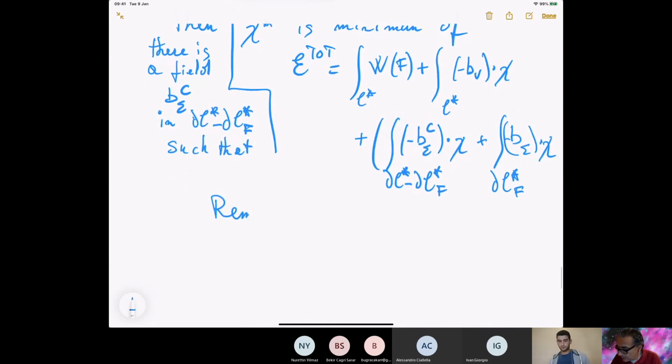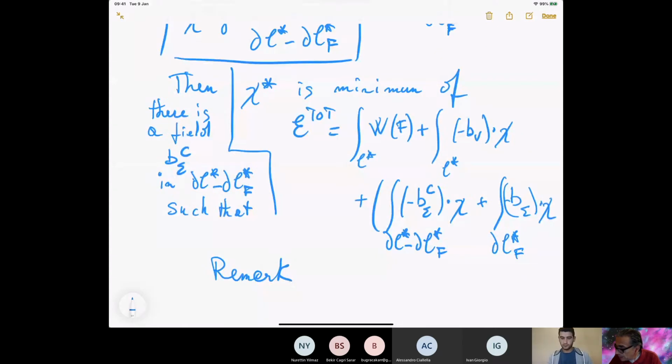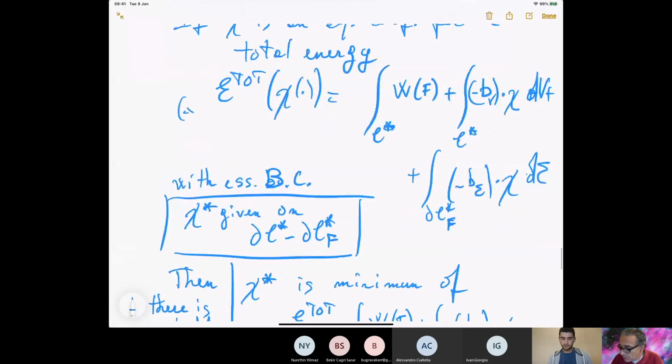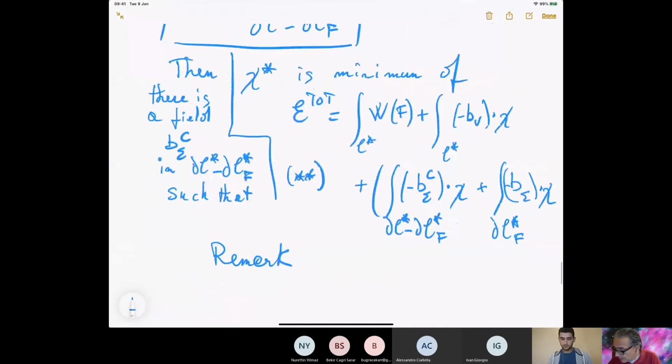Remark. This is the minimum double star. This is the minimum star.